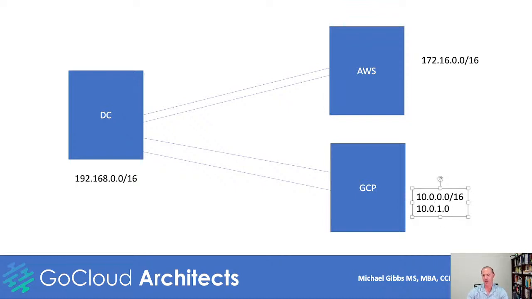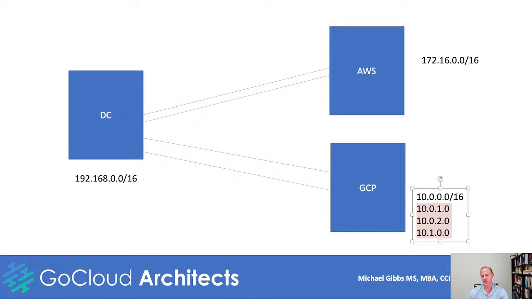It might be a 10.0.2.0. You guys see where I'm coming from? It could be a 10.1.0.0. So all these subnets are constrained in this /16.